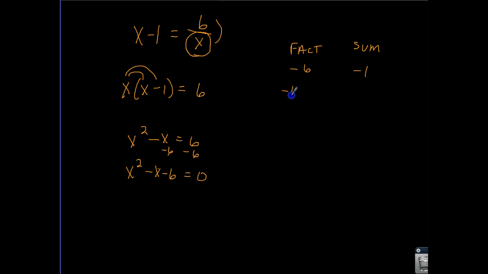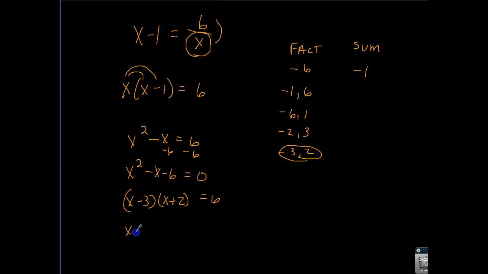So we're going to write down all the factors of negative 6. I think that's it. And which of these add up to negative 1? Well, right there. So it's x minus 3, x plus 2.